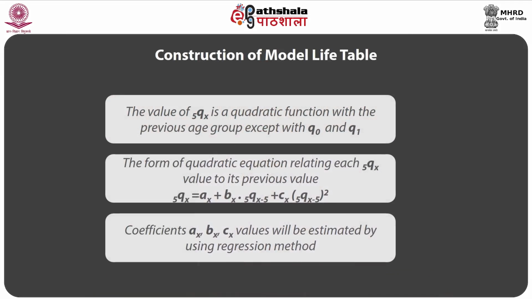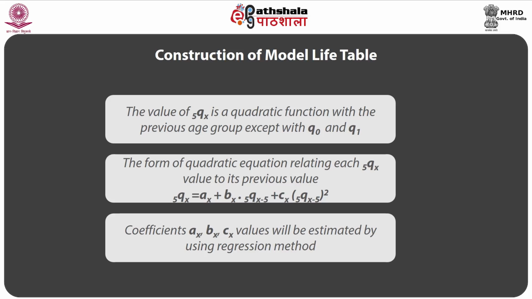Construction of model life table. The value of 5qx, that is the probability of dying between ages x and x plus 5 in a life table, is a quadratic function of the previous age group, except with q0 and q1.